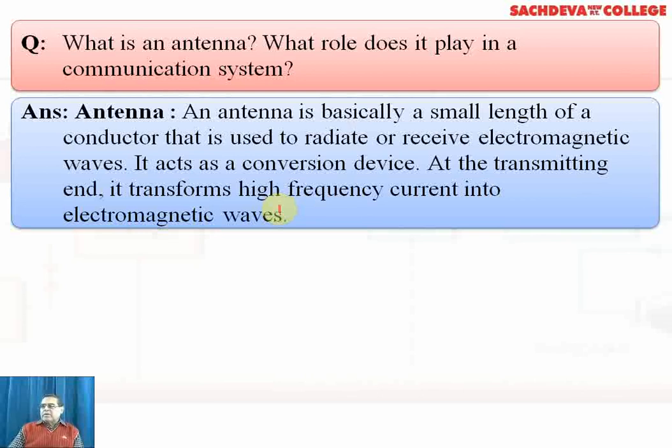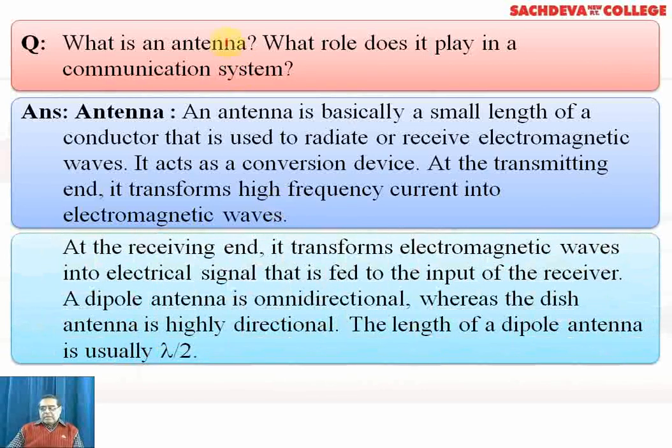The Hertz oscillator generates the carrier wave, and simultaneously electrical signals are generated from the microphone. They superimpose on the carrier wave, and the new resultant wave is the modulated wave which is to be transmitted, and then it is received at the receiver end by the antenna. At the receiving end, it transforms electromagnetic waves into electrical signals.